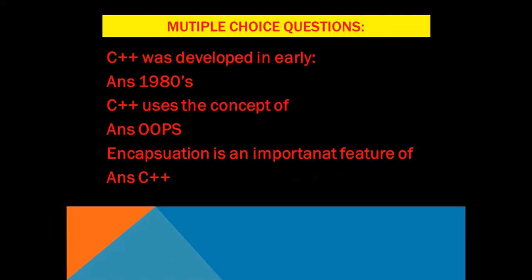Encapsulation is an important feature of C++. When you go to a higher class and study C++ in a detailed manner, at that time you would be able to learn more about encapsulation. That is an important feature of C++.